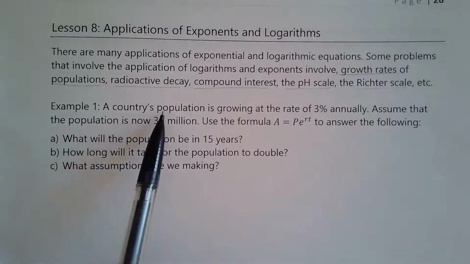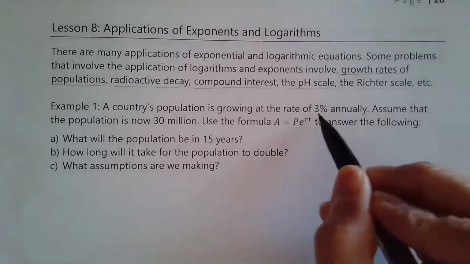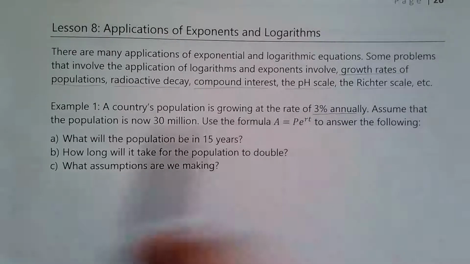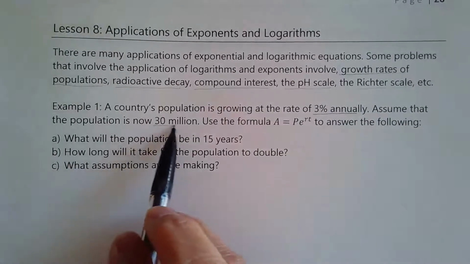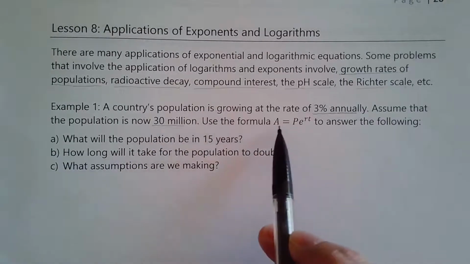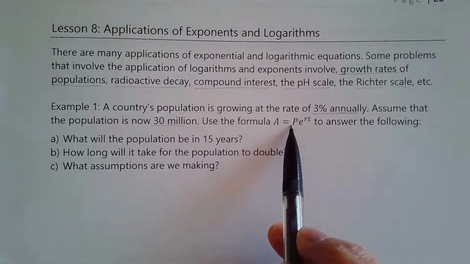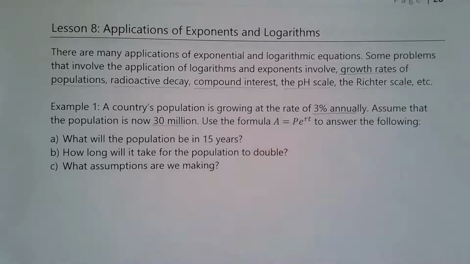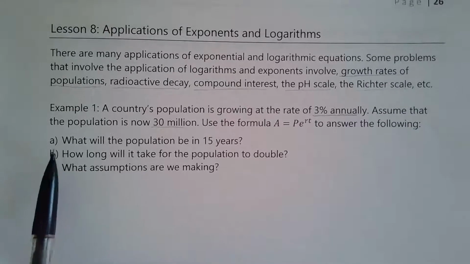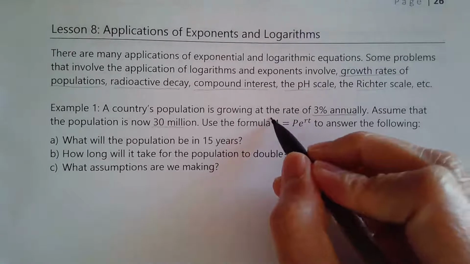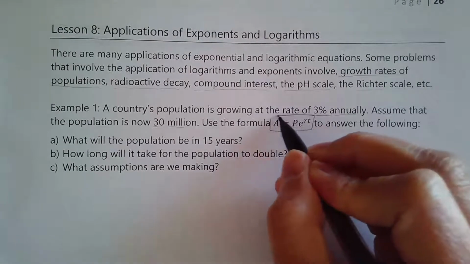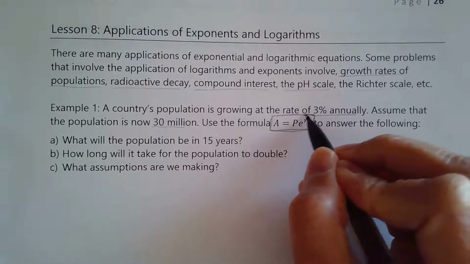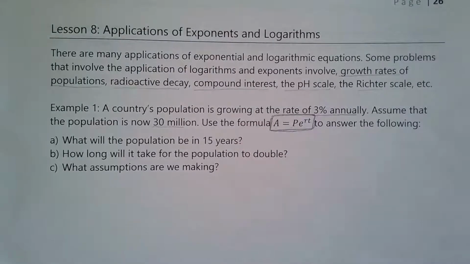A country's population is growing at the rate of 3% annually. Assuming that the population is now 30 million, use the formula A equals P times e to the exponent rt to answer the following questions. This is an equation for the growth of population.